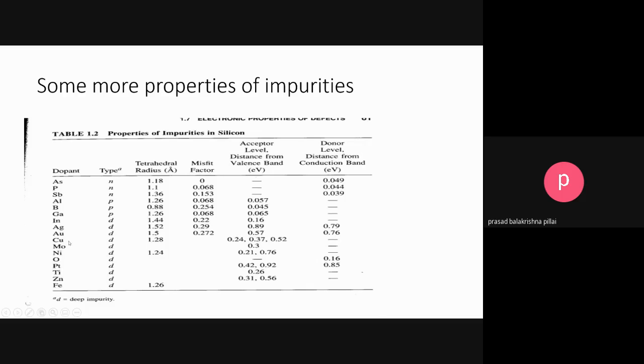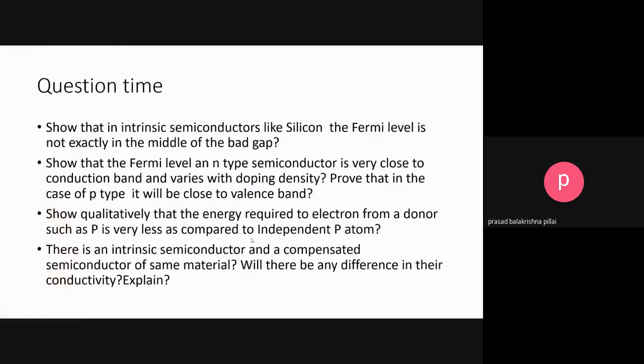You can see that these metallic impurities have consequences, like gold, copper, molybdenum, nickel, all those things. They form levels very close to the middle, so they are known as deep levels. So there are two kinds of dopants.